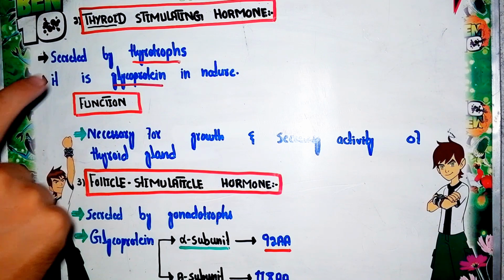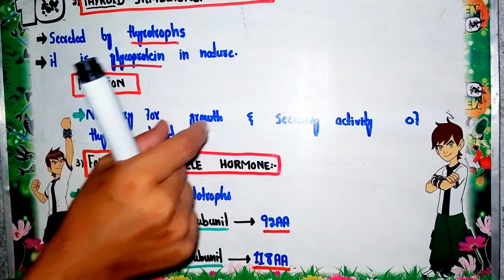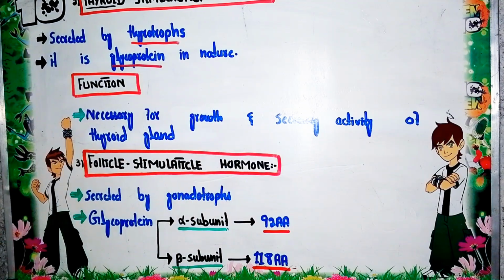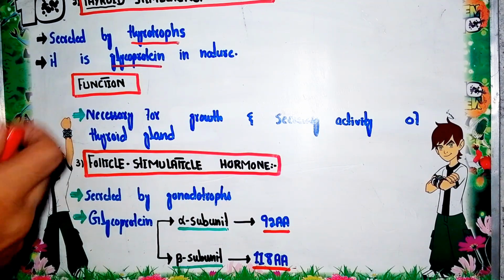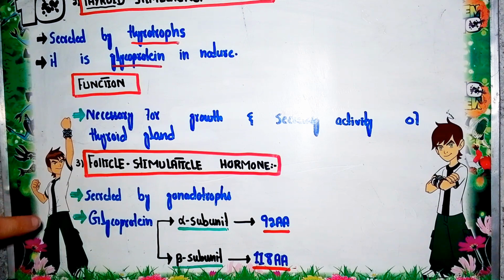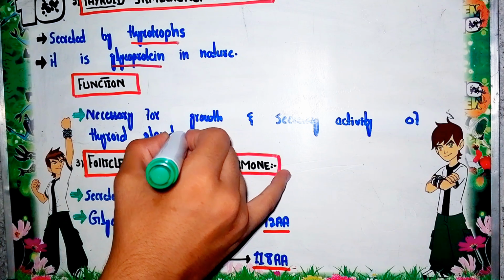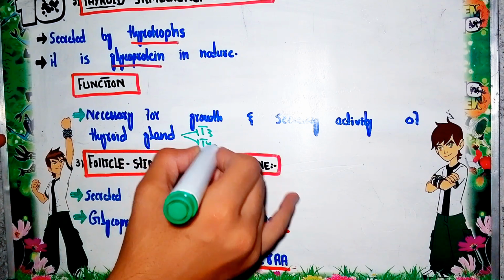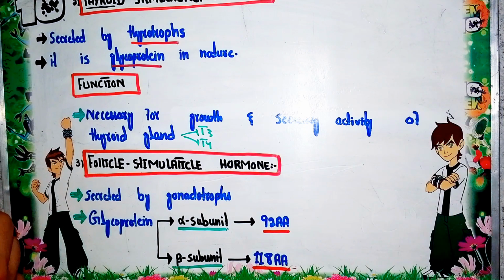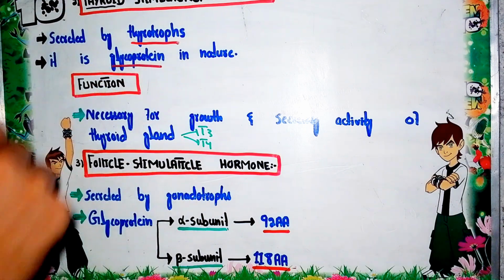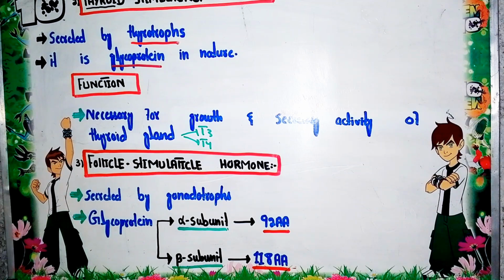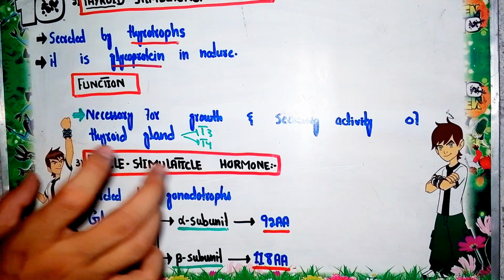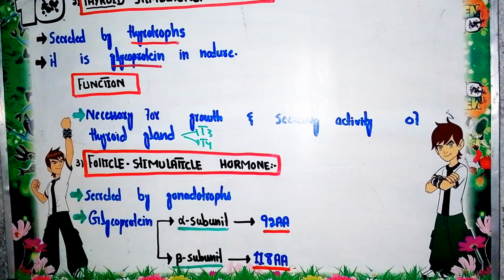Overall, TSH is necessary for the growth and secretory activity of the thyroid gland. The thyroid gland is one of the largest endocrine glands in our body. It secretes T3 and T4 hormones, and the secretion of these hormones is under the influence of thyroid stimulating hormone.